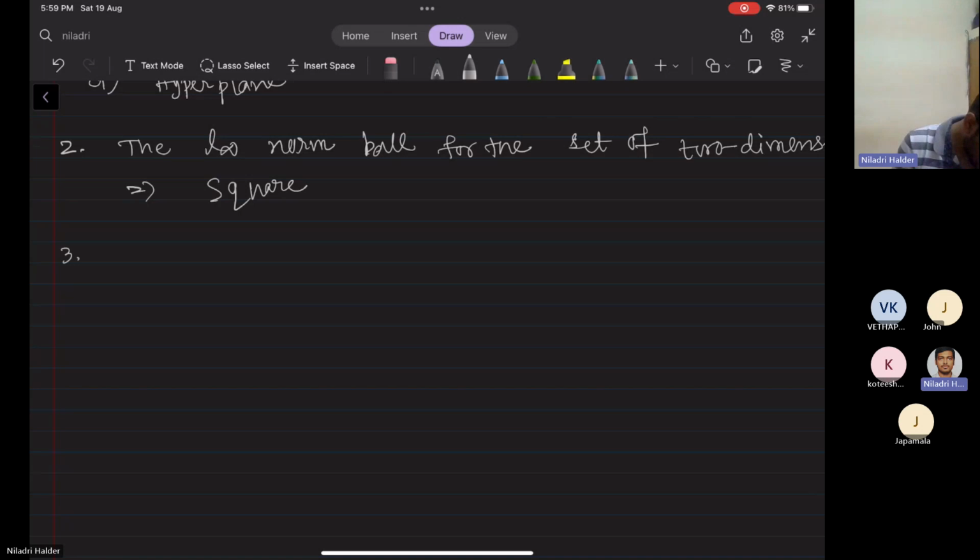And then number 3 is that expectation of x square is equal to a. Okay, so let me write it in a different way.